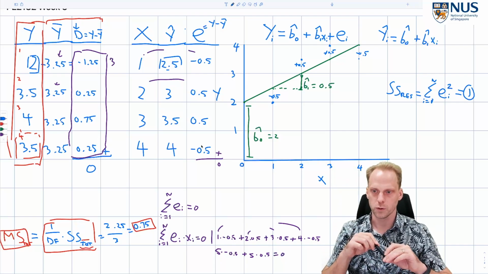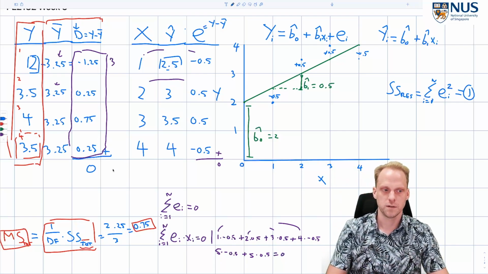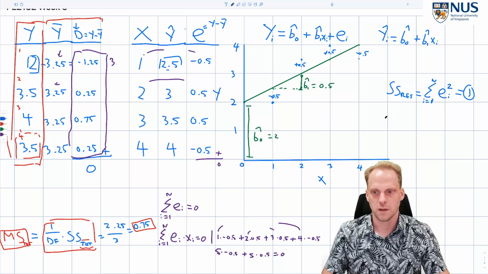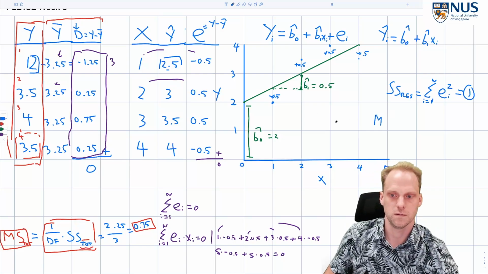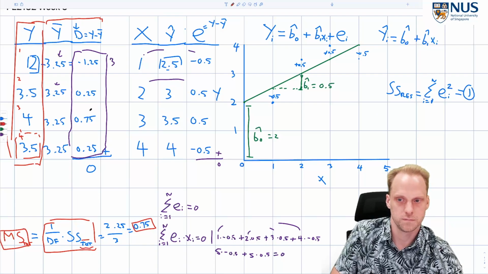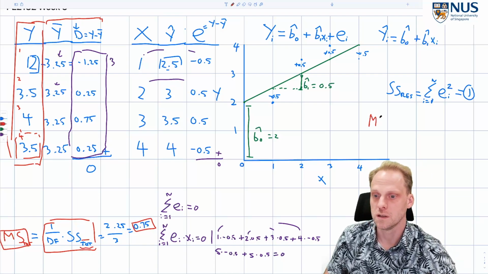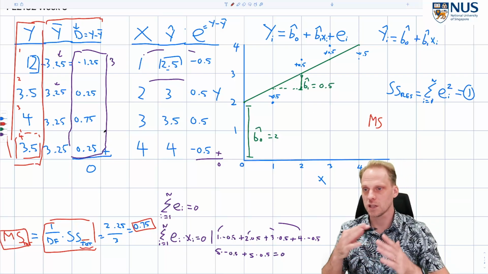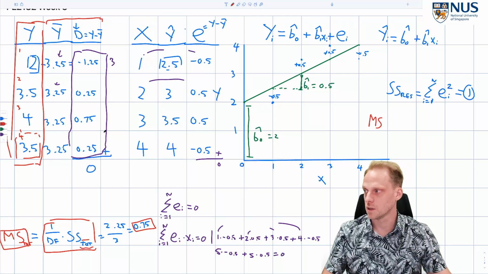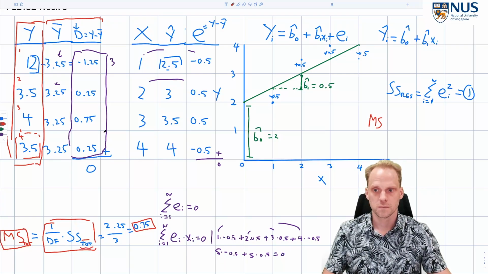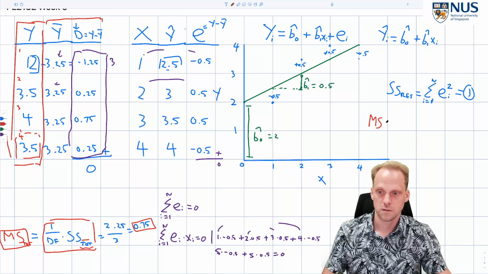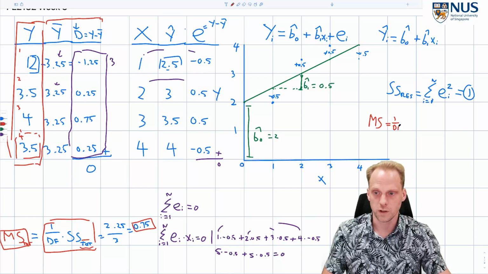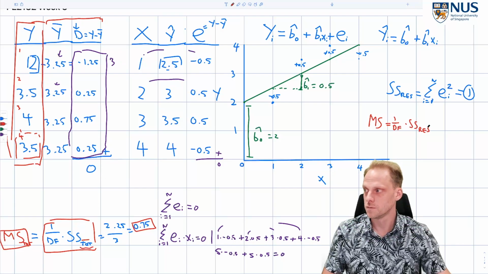So now we again want to average this, and we want to calculate a mean, let's make it in red, mean squares of this residual. So the variance that's left implied by this model. Now to do that, we need to multiply this residual sums of squares with 1 over the degrees of freedom.